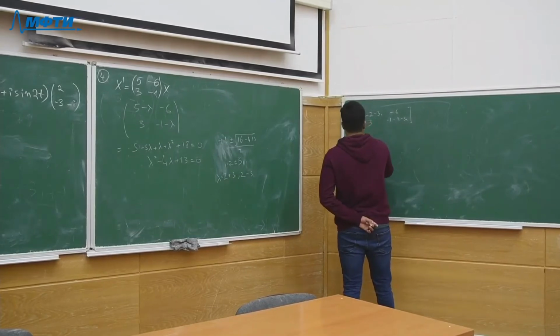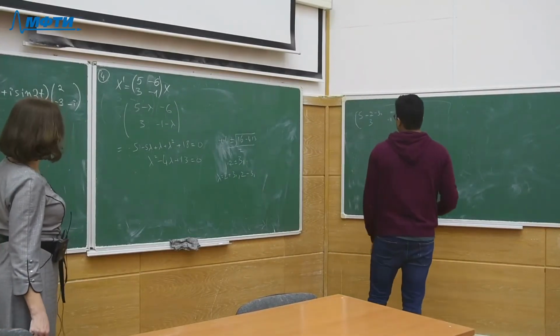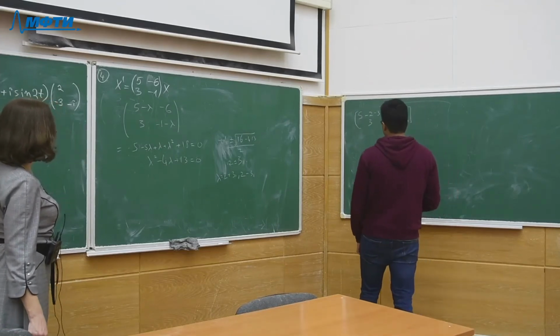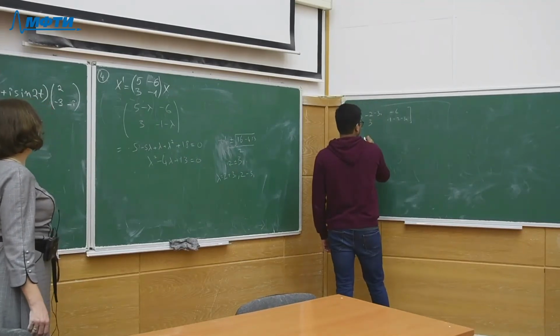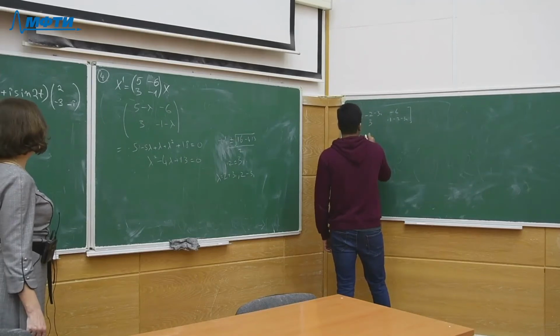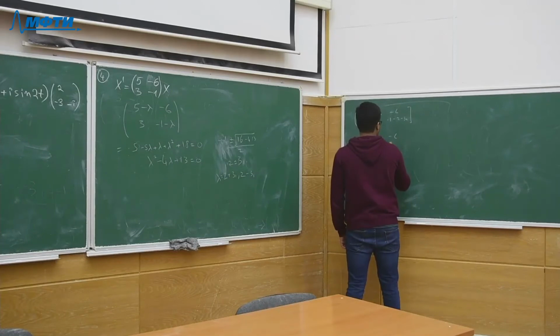5 minus 2, 5 minus 2 minus 3i, correct, minus 6, 3, minus 5, minus, right. Just subtract 5 minus 2 is 3. 3 minus 3i.